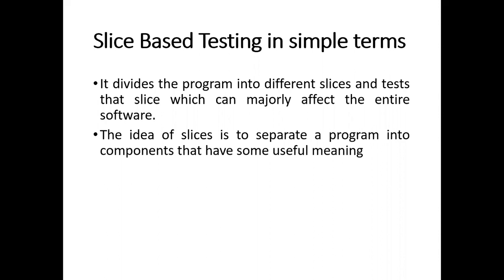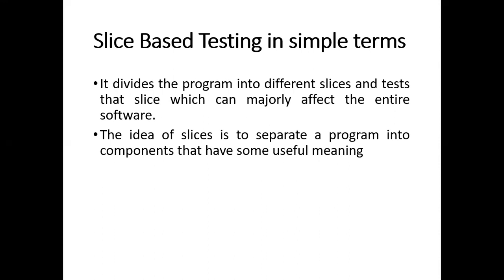Right? So we have a bigger program, and what we are doing is like we slice our bread, we slice our program. Right? And then when we have a set of slices, we reach for one slice and we do the testing for that particular slice, right?